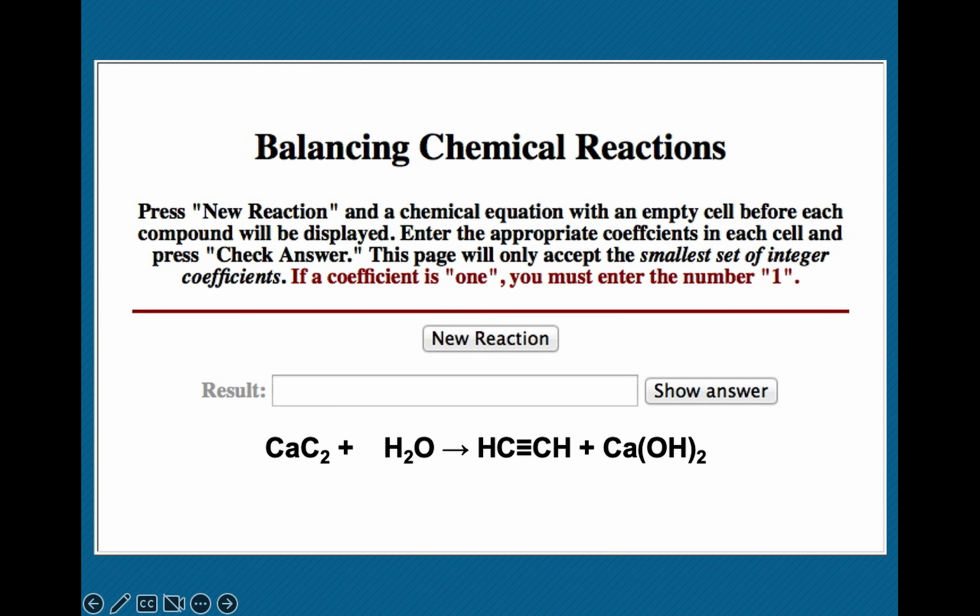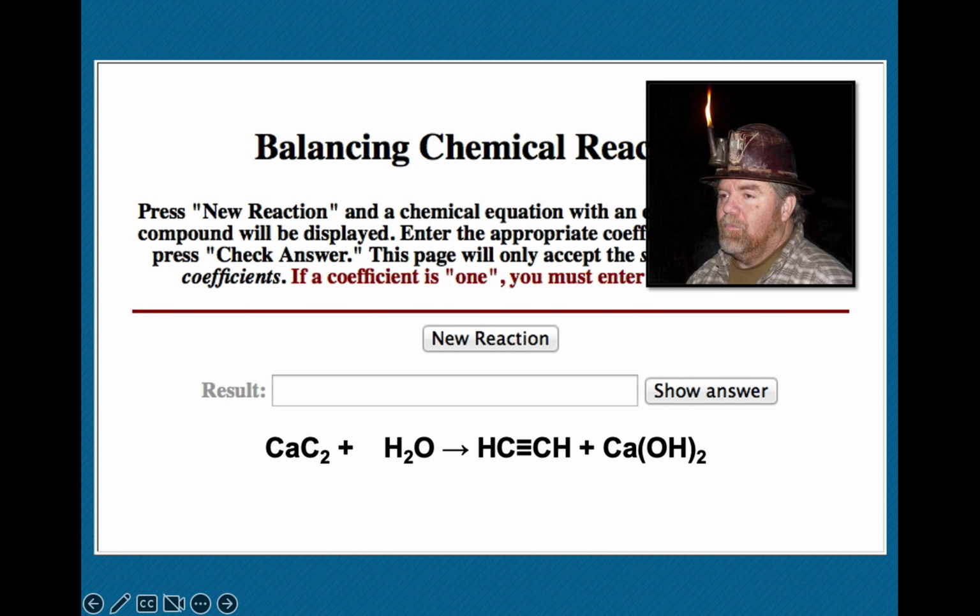It's an organic gas. Use it in welding torches, things like that. So it's a very useful reaction. 1 calcium, 1 calcium, we're fine. 2 hydrogens, 1, 2, 3, 4 hydrogens, that's not fine. Oh, the acetylene here.